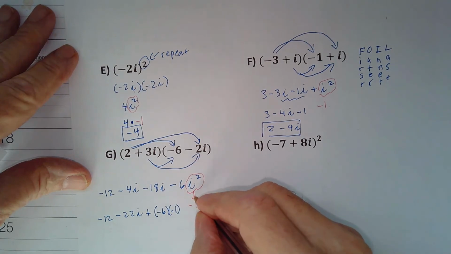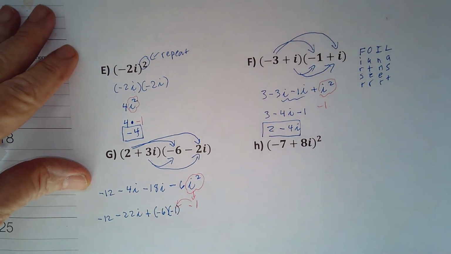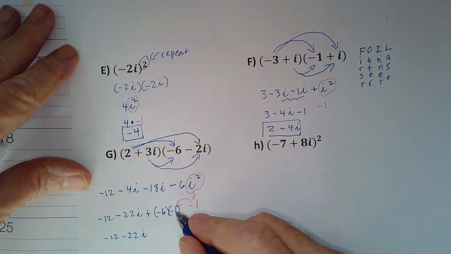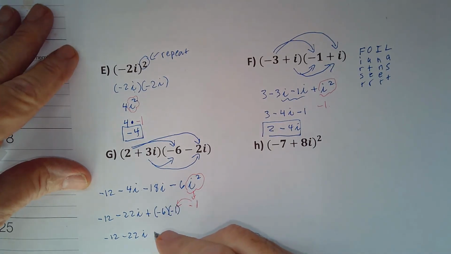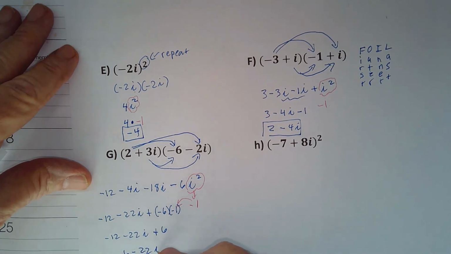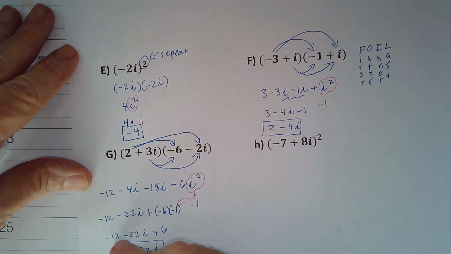So that means I've got negative 12 minus 22i, and then negative 6 times negative 1 is positive 6. Would that be correct? Positive 6? Yeah. So now we've got the negative 12 and the 6. Those are the real numbers, the real component. We'll combine those and we end up with negative 6 minus 22i, and we have our solution.